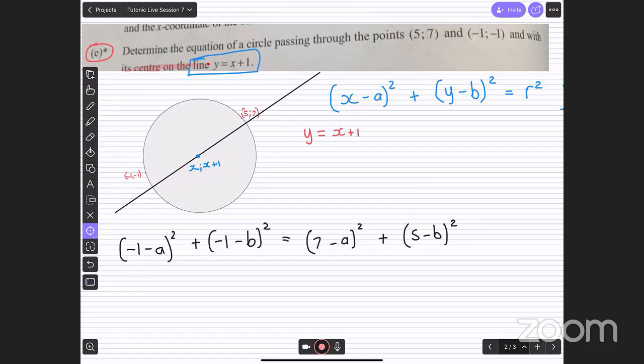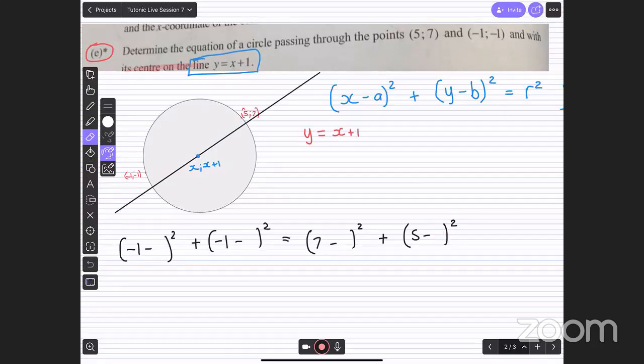So whenever you see a question like this in the future, I want you to think of this: if I choose any x value, then the corresponding y value is x plus 1. So now you've got a relationship between a and b, the x and the y. So therefore, I can just sub in x for a, and for b, I can sub in x plus 1.